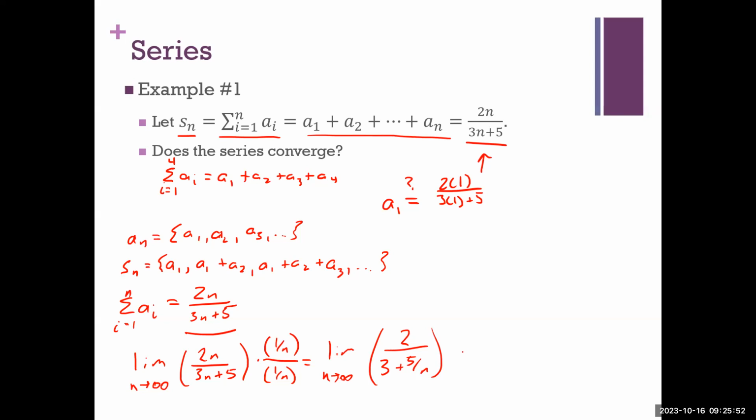How do you feel about that? Is it more convincing that that goes to 2/3 now? So this series converges. If you were to add up all the terms of the sequence, that shows up to 2/3.